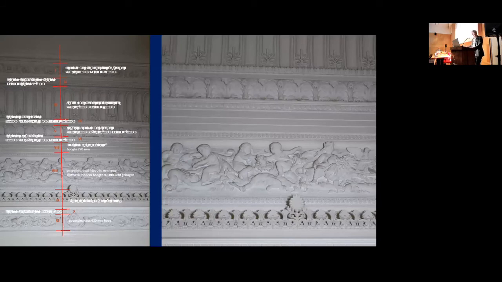Here you see the cove and the frieze with the repetitive and plaster casted figures in it. Also the rest of the ceiling are also pre-casted elements, pushed in and built up in this way.